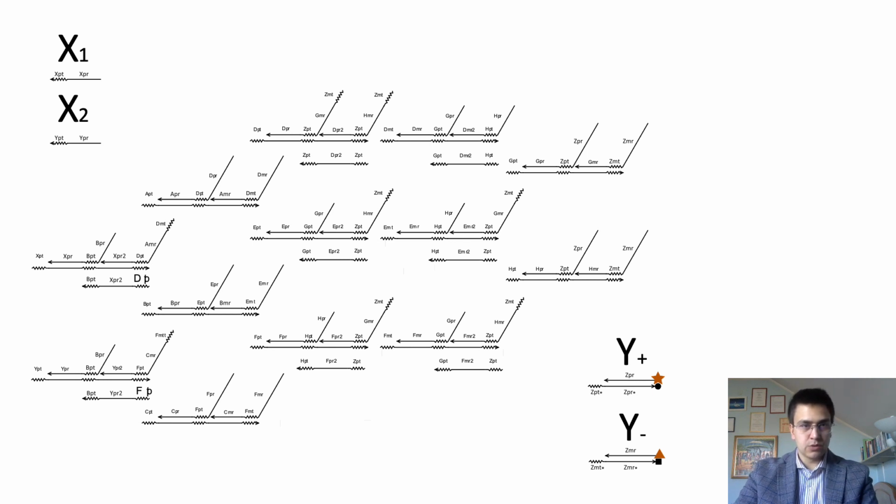So this is how it looks. We have inputs x1 and x2, single-stranded, representing inputs, and we have outputs y plus and y minus. Note that these outputs have a fluorophore and a quencher, where the fluorophore emits light and the quencher captures the light. So when they are next to each other, you cannot see light.